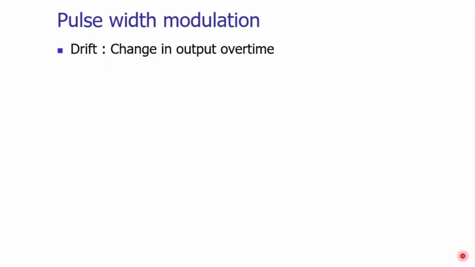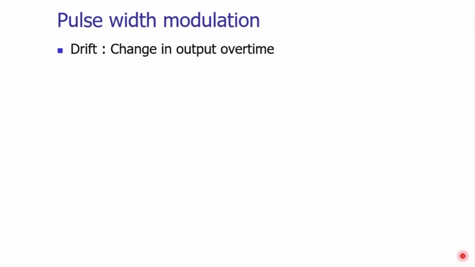During collection of the output from the sensors, there is a problem which often occurs, and that is the drift. Drift, as we have seen in our previous lecture, is a change in output over time. If we are expecting a continuous output at the same level, that will not occur due to a variety of inherent problems in the system itself.